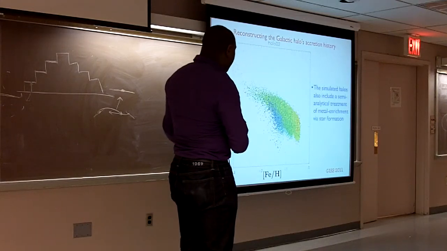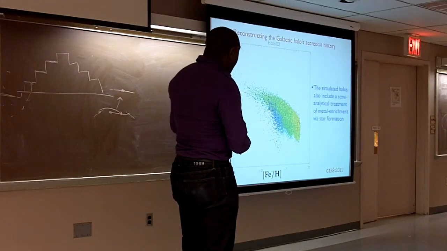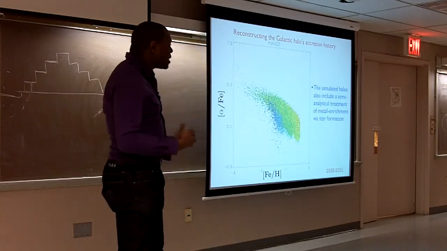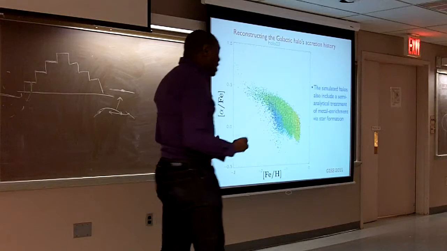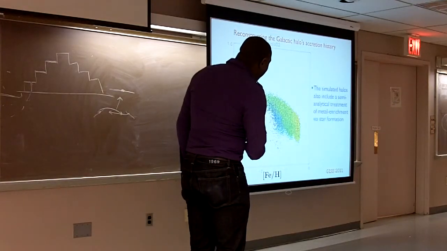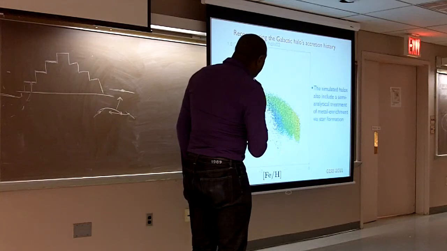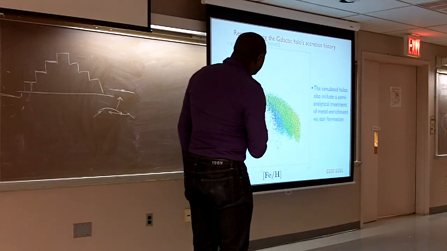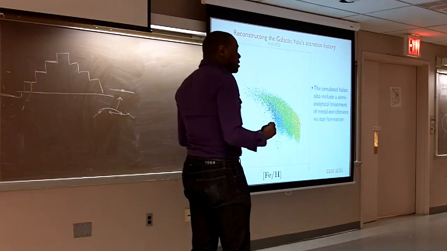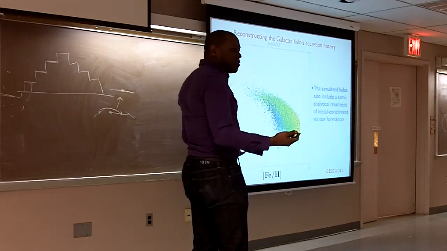So understanding that we can start to have this information, see these relationships, you can now go back to the models that I showed you earlier, and I'll point out that they also had a semi-analytical treatment of metal enrichment in those models via the star formation. If you haven't noticed already, the colors here represent the mass of the galaxy to which they belong.